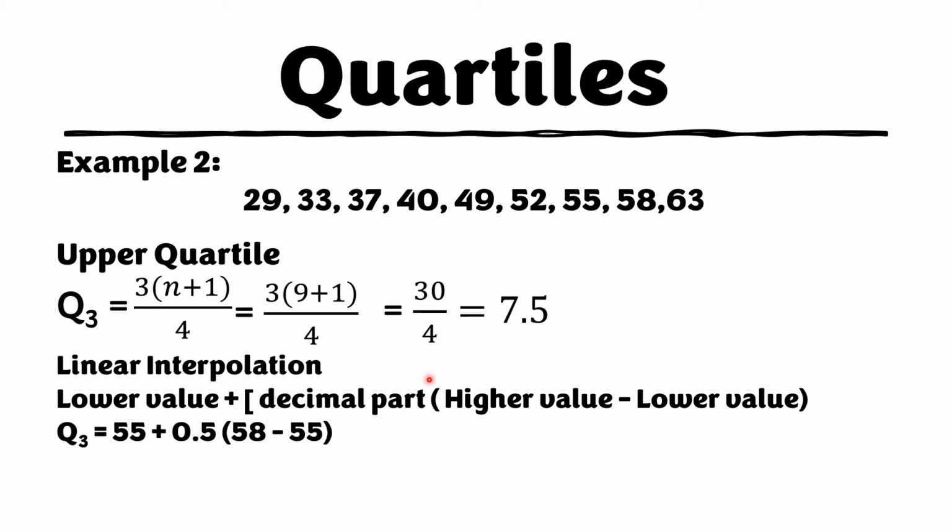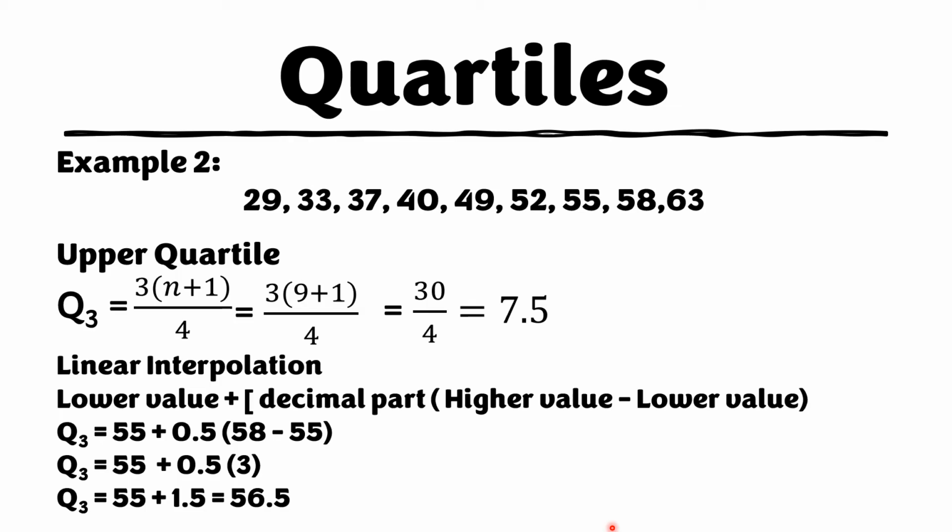And then the decimal part is 0.5. And then the higher value, that is the number next to 55, is 58. 58 is the higher value and 55 is the lower value. So we have 58 minus 55 is equal to 3. And then 0.5 times 3 is equal to 1.5. So 55 plus 1.5 is equal to 56.5.